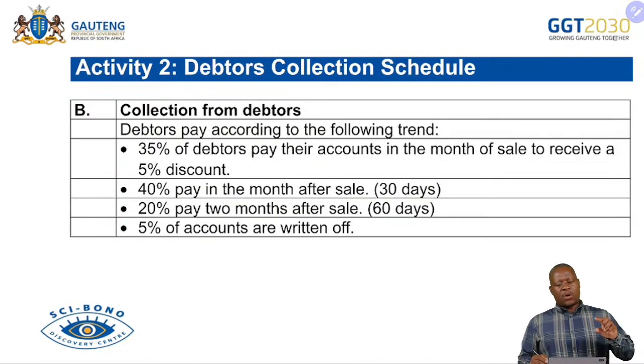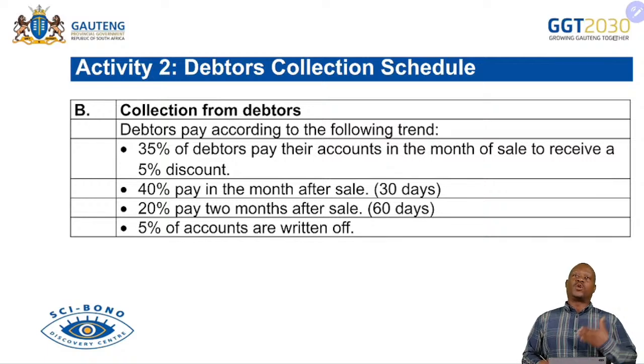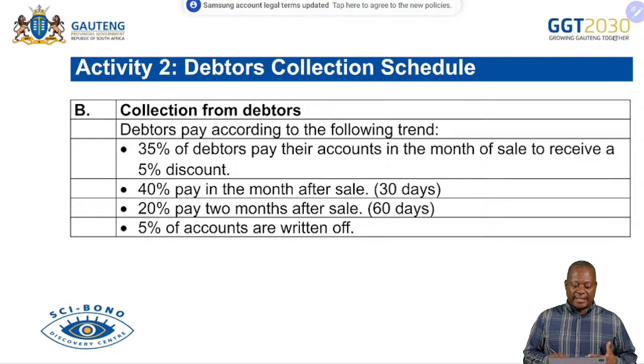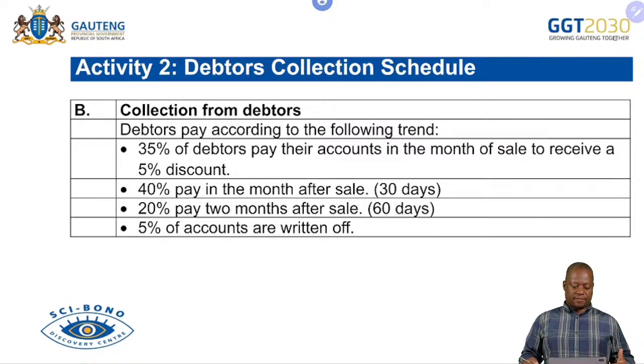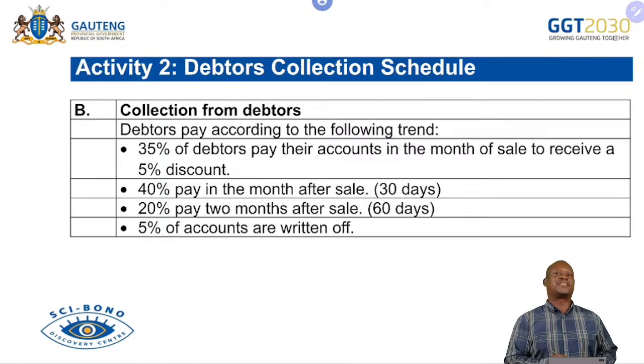Now, we move on to the issue of debtors collections. And remember what I said, this is from our history. History taught us that debtors pay according to the following trends. 35% of the debtors pay their accounts in the month of sale to receive a 5% discount.